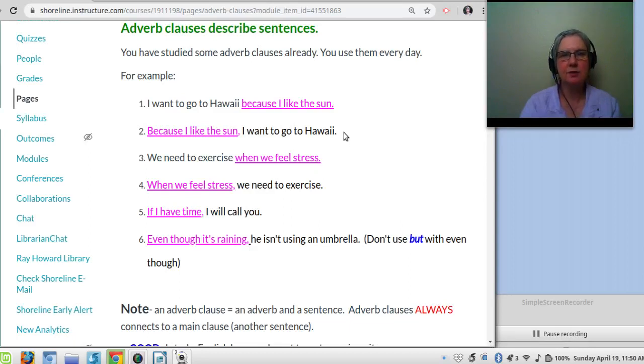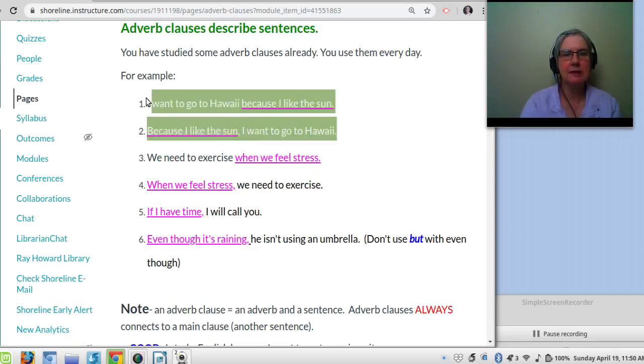Now, here's the situation. Let's look at these two sentences. When you use because, you have a sentence here, then you say because, and you have another sentence. Or you say because, then you have a sentence and a comma and another sentence. You never put a comma right here. Let me say it one more time.